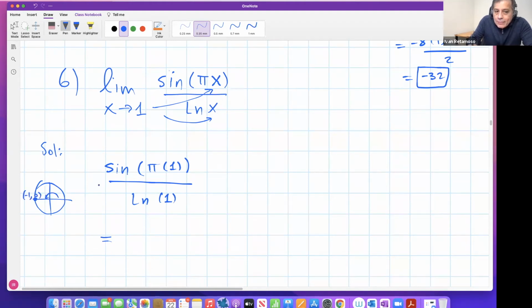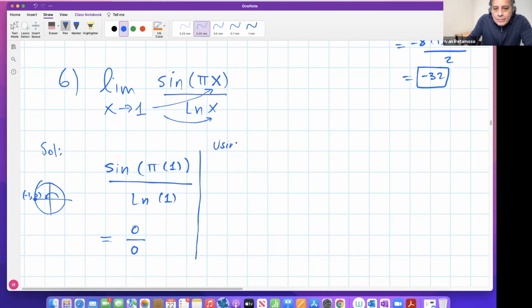The second coordinate gives you sine, right? Sine of pi is 0. You can get this in the calculator as well. Natural log of 1, we saw before, is just 0, right? So we got this indeterminate form, 0 over 0. No problem, we have a tool to overcome this situation, right?